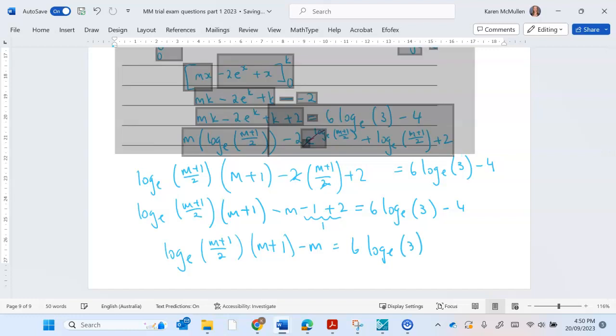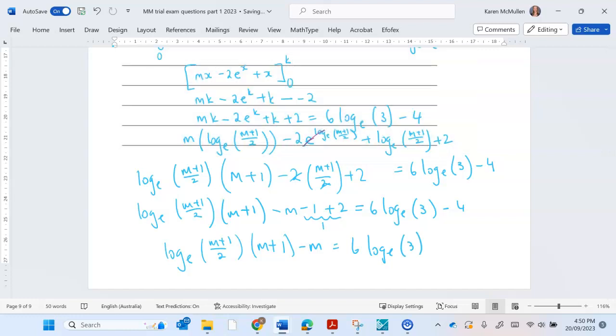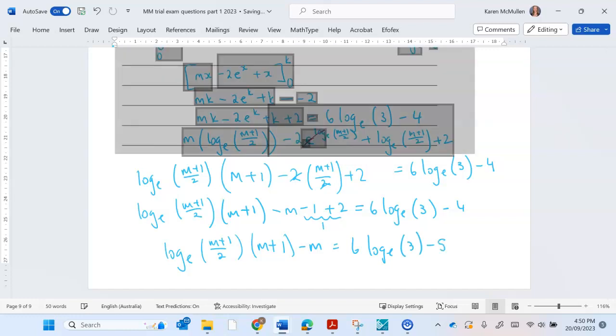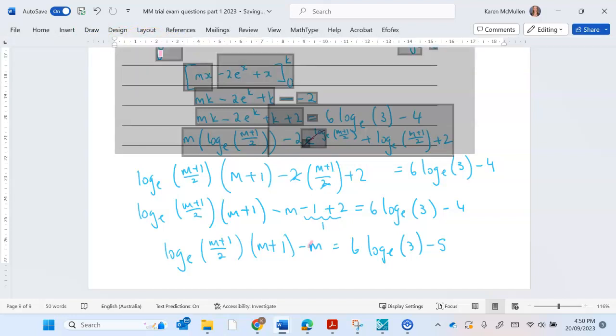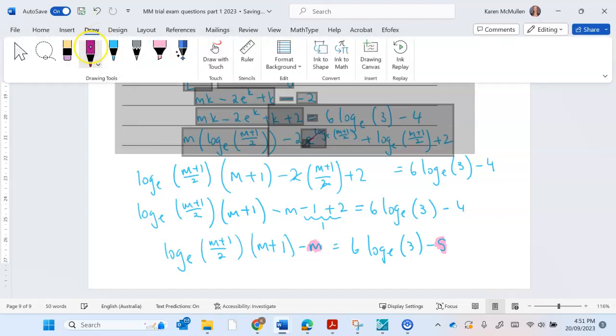Alright, so we've got this m. So we'll keep that m there. I'm going to bring that 1 over, so it's a plus 1, so minus 1, so minus 5. Alright, so now we're just going to have to equate the position of things in our equation. So we've got an m here and a 5 here. So let's say m is equal to 5.